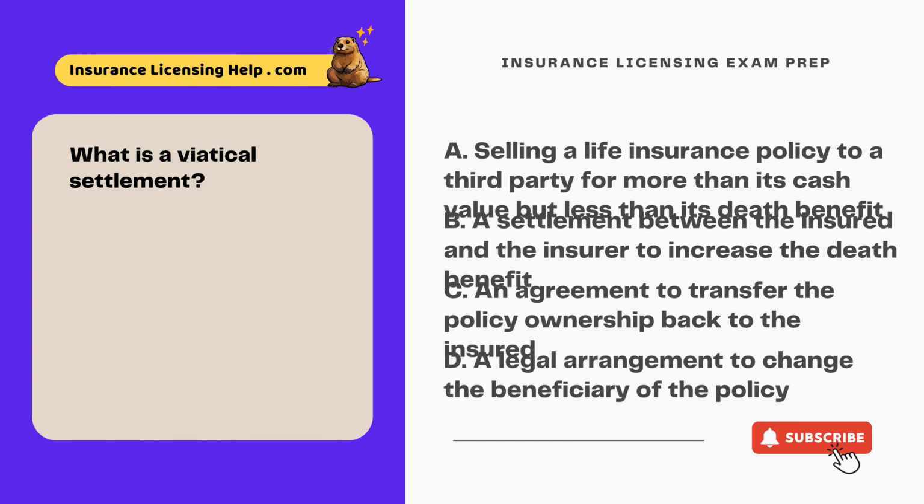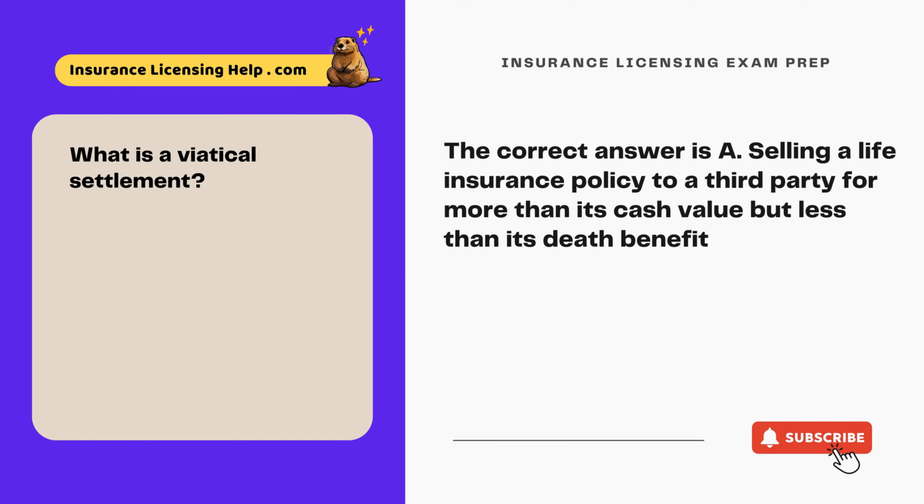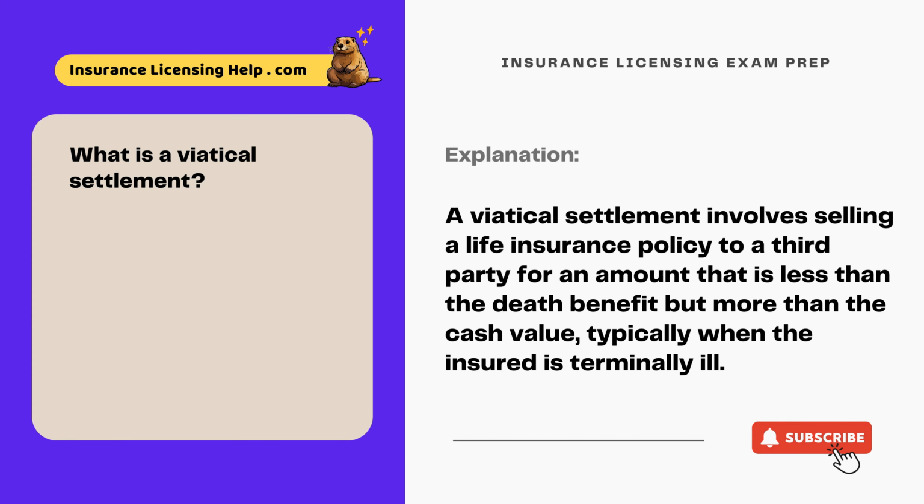D. A legal arrangement to change the beneficiary of the policy. The correct answer is A. Selling a life insurance policy to a third party for more than its cash value but less than its death benefit. A viatical settlement involves selling a life insurance policy to a third party for an amount that is less than the death benefit but more than the cash value, typically when the insured is terminally ill.